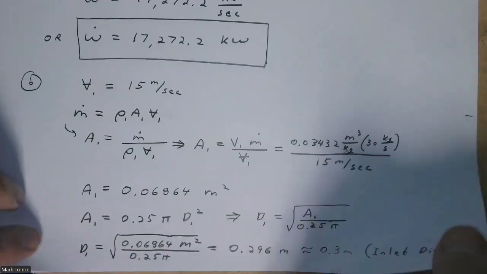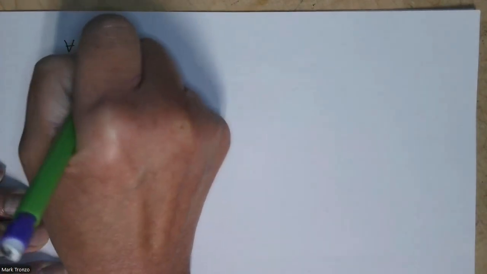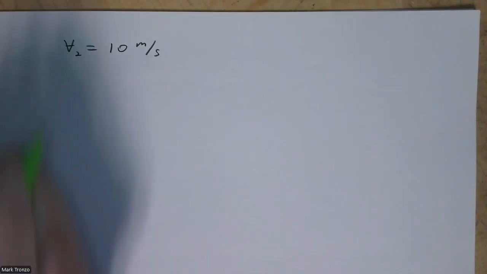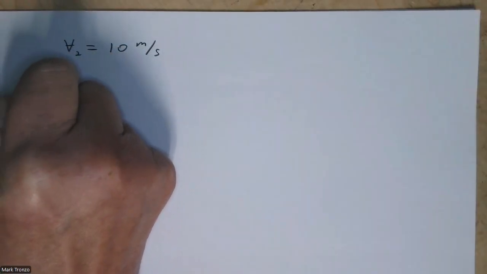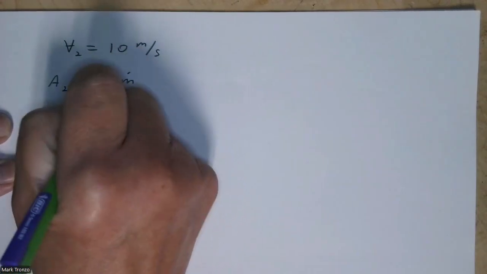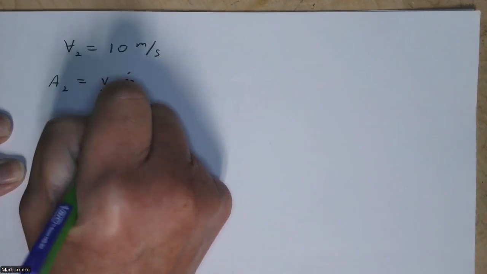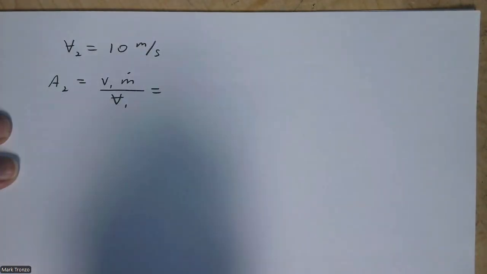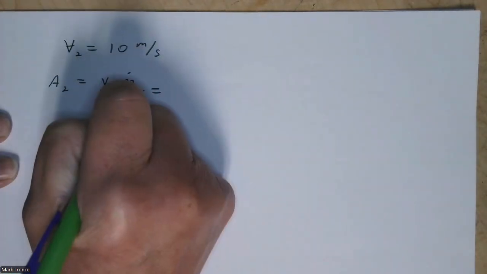And then for the next part, similar idea. For the outlet, we're going to have V2, which is supposed to be 10 meters per second. We'll use the same equations that we came up with here. A2 is going to be specific volume times our mass flow rate divided by our velocity, except these are all going to be 2's now.